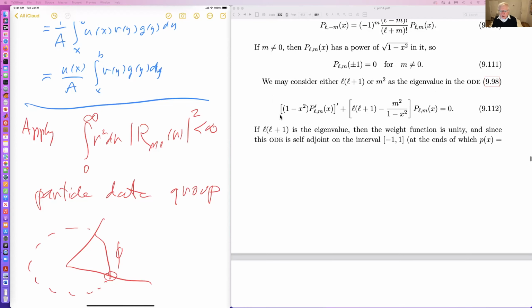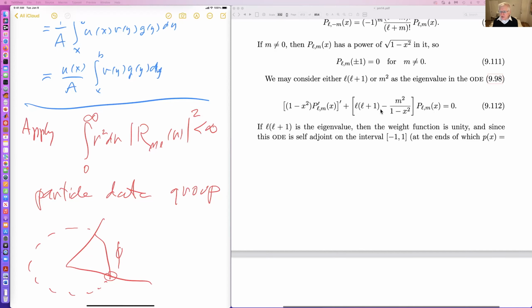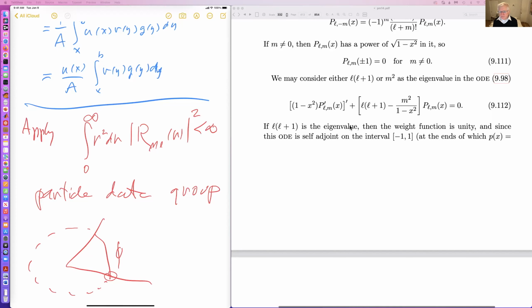Now, the ordinary differential equation satisfied by the associated Legendre polynomials is this expression here. And you can focus on this one as the eigenvalue, or this one as the eigenvalue. If L(L plus 1) is the eigenvalue, the weight function is unity, and this thing is part of the differential operator.